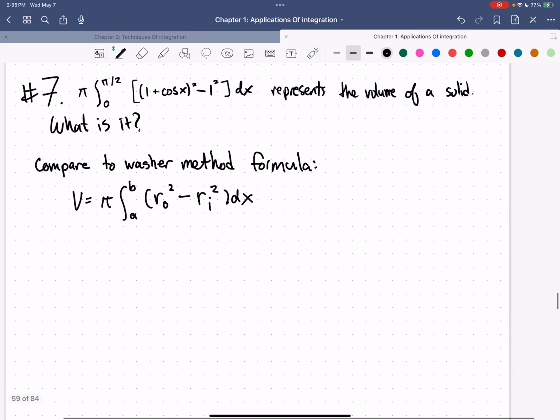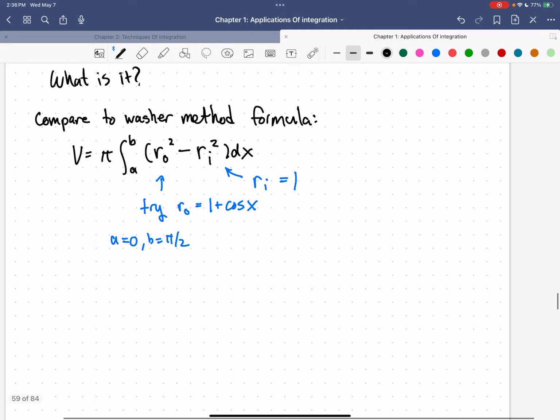And so here it looks like we can try outer radius is 1 plus cos x. And our inner radius, let's say, is just 1. And then a is 0, b is pi over 2.